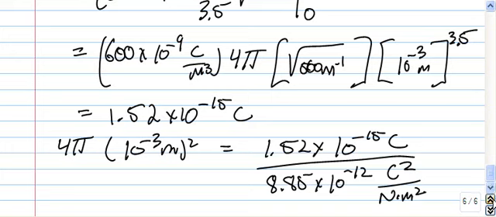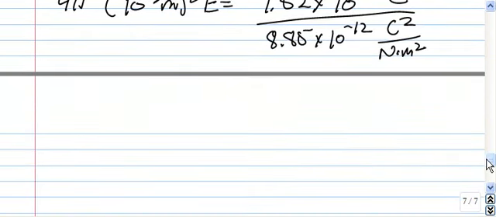Okay, if I put all of this together, I can solve for the E field. Oops, forgot to include that. So if I just multiply these terms together and solve, I'll find the electric field at that particular distance from this particular charge distribution is equal to 13.7 newtons per coulomb.